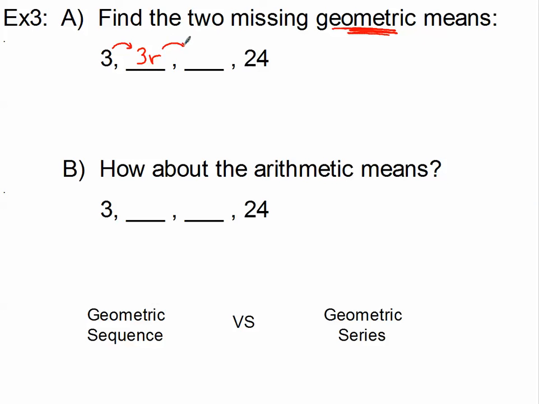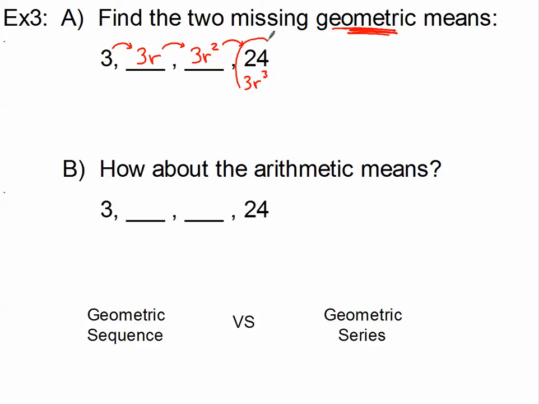And then for the next term, I would take 3r and multiply by r. So 3r times r becomes 3r squared. And for the next term, I'd multiply 3r squared by r, and 3r squared times r becomes 3r cubed.